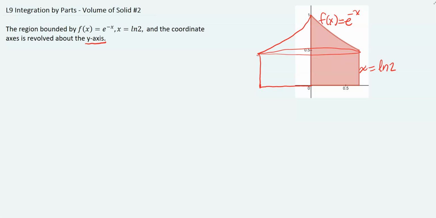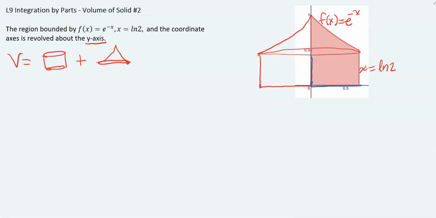If I went that route, I would say the volume equals a cylinder plus a conical looking shape. The cylinder has a radius of ln of 2, because the radius goes from here to here, and the height would be 1/2.